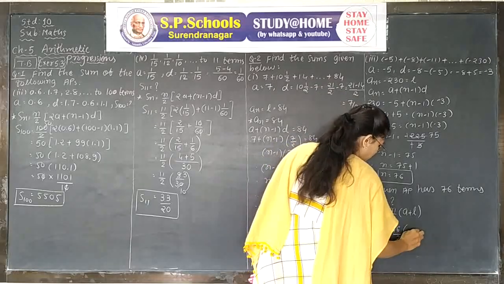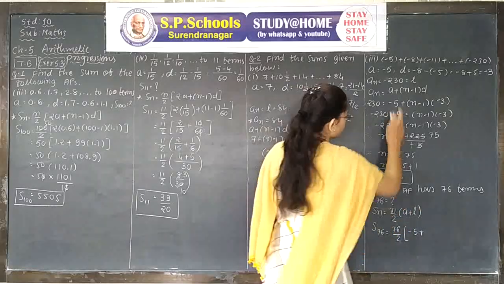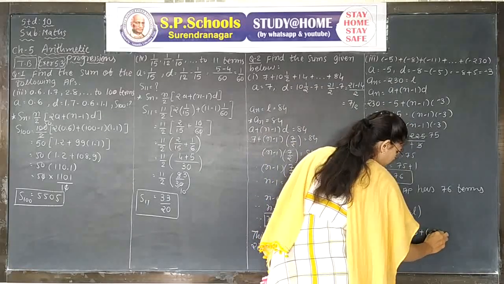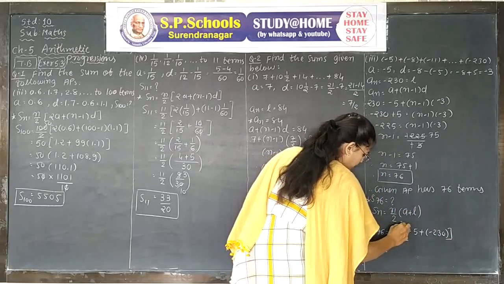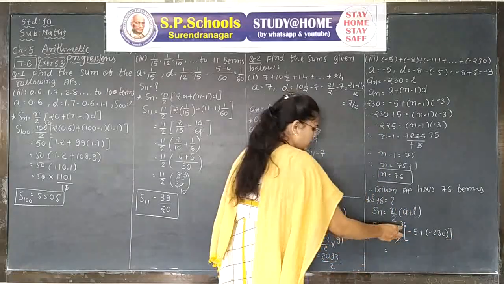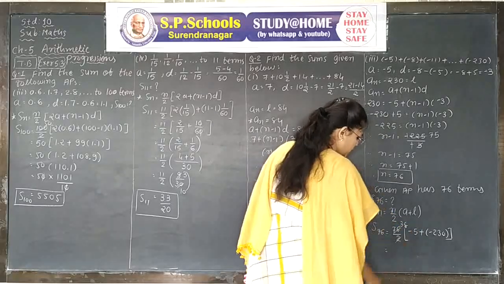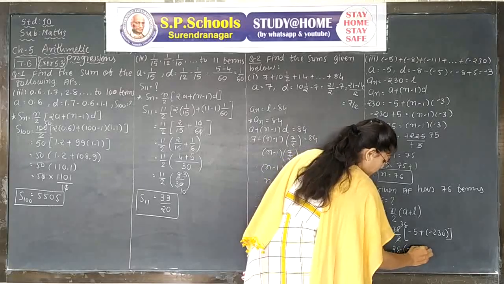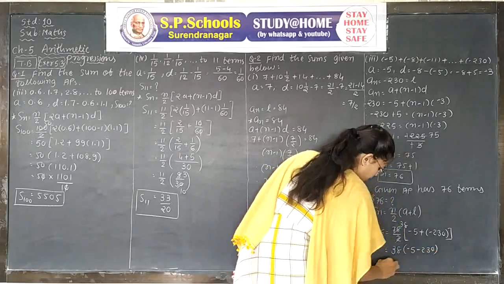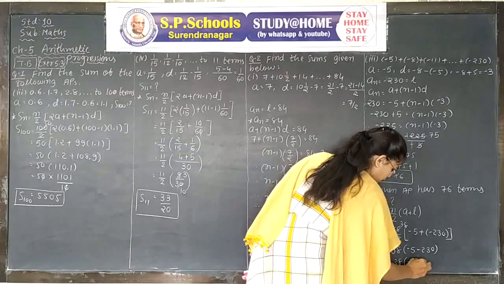The first term a is minus 5 and the last term l is equal to minus 230. 38 twos are 76. 38 remains as it is into bracket (minus 5 minus 230), which is equal to 38 into bracket (minus 235).